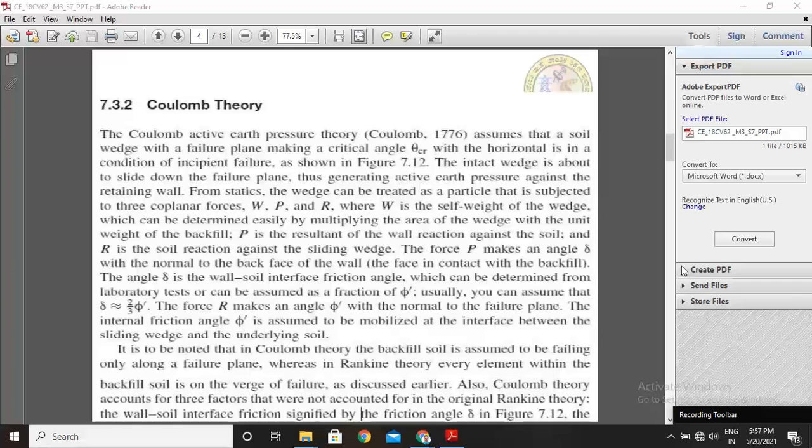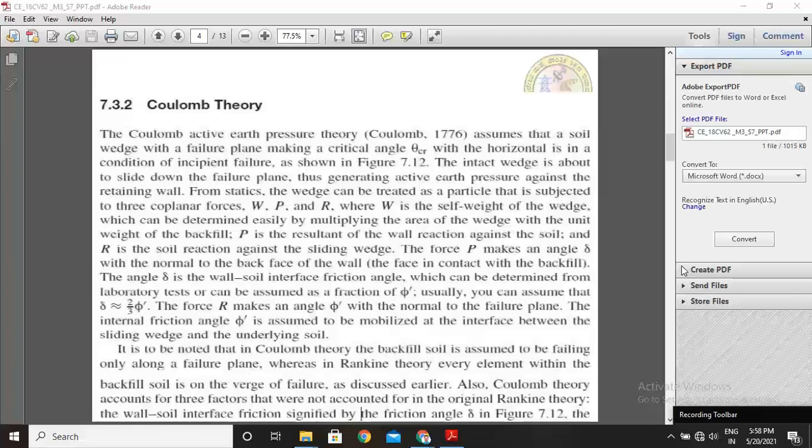It is to be noted that in Coulomb theory, the backfill soil is assumed to fail only along the failure plane, whereas in Rankine's theory, every element within the backfill soil is on the verge of failure, as discussed earlier.